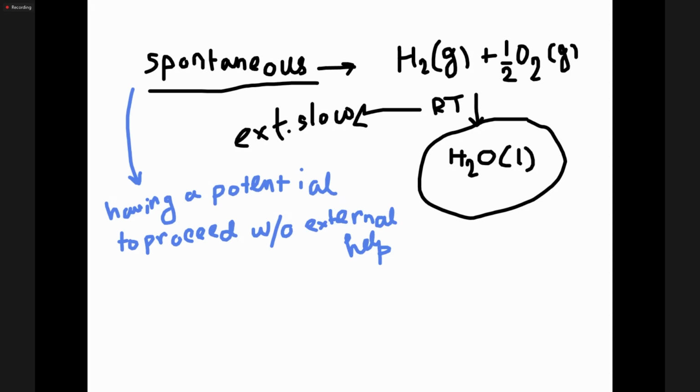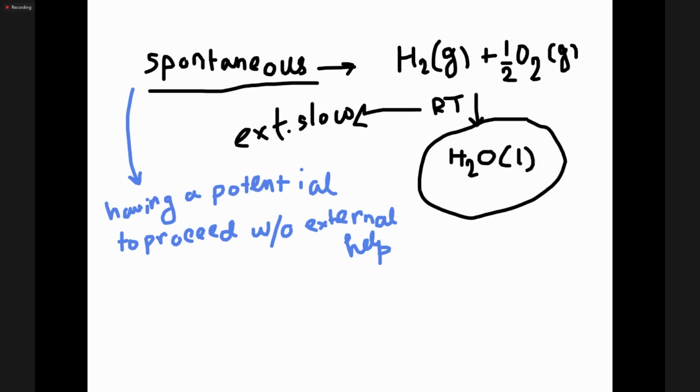Another aspect is that in the case of a spontaneous reaction, they cannot reverse their direction on their own. They cannot just switch the procedure. If A to B is a spontaneous process, how can we say it is spontaneous? Because B to A transformation will not occur by its own help.